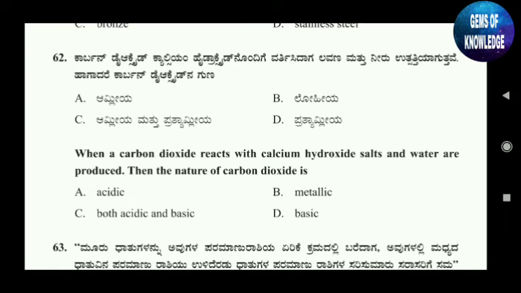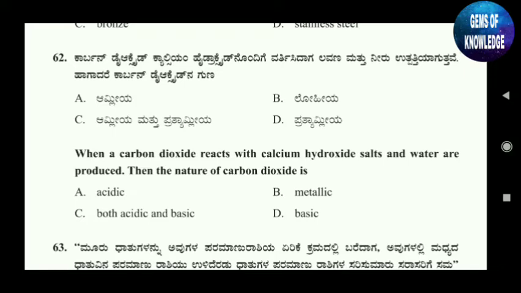Okay, so the correct answer here is bronze. The next question is: when carbon dioxide reacts with calcium hydroxide, salt and water are produced, then the nature of carbon dioxide is? So when carbon dioxide reacts with calcium hydroxide, we get salt and water.